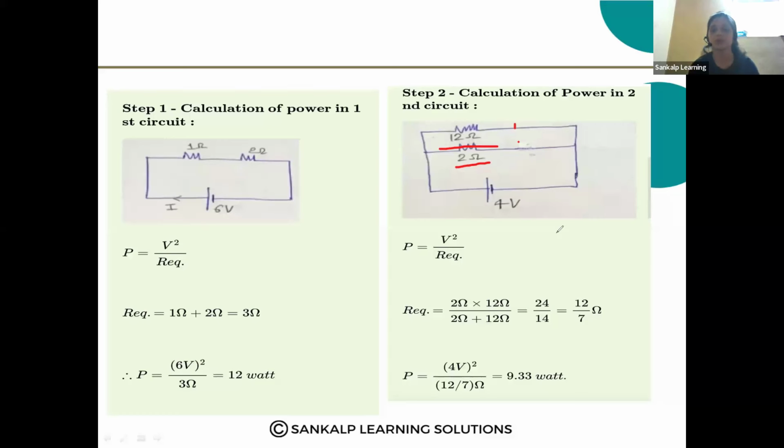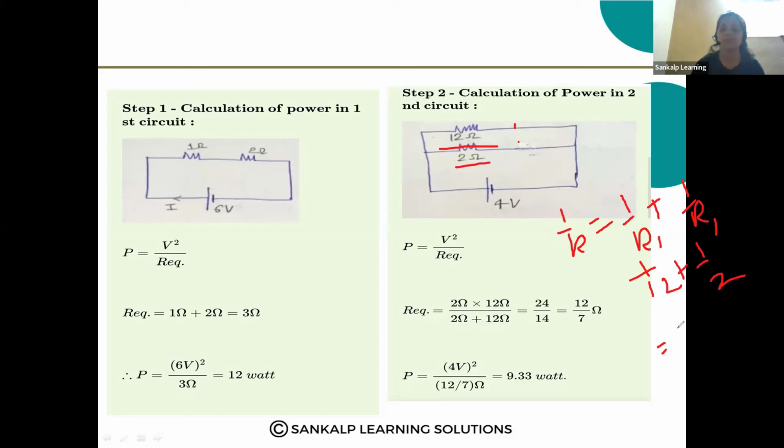Which formula do you apply? 1 by R parallel is equal to 1 by R1 plus 1 by R2. So here R1 is 1 by 12 plus R2 is 1 by 2. Then what will be the answer? Please calculate it.